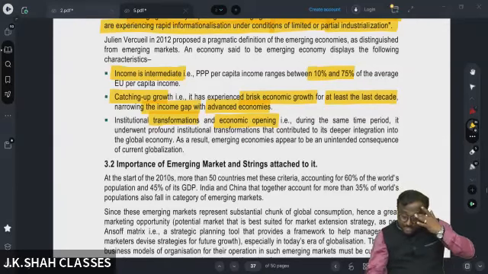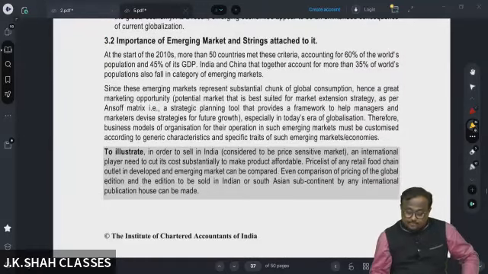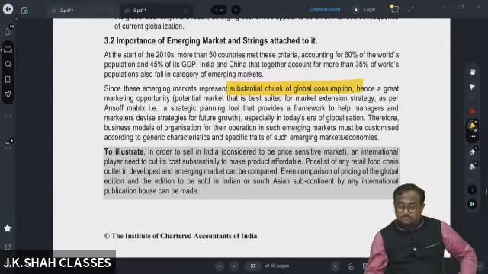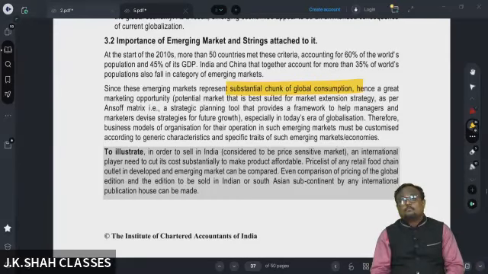So emerging markets, why are they important? We are in an era of global consumption. Broccoli, kiwi, dragon fruit easily मिल जाता है.